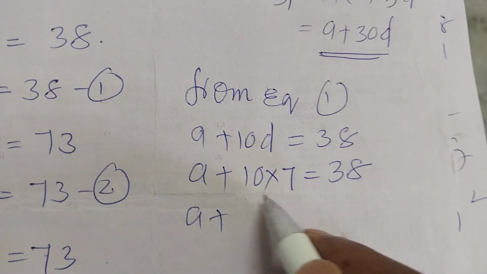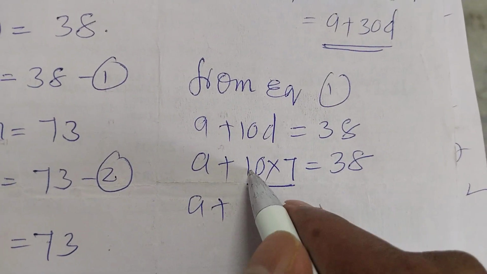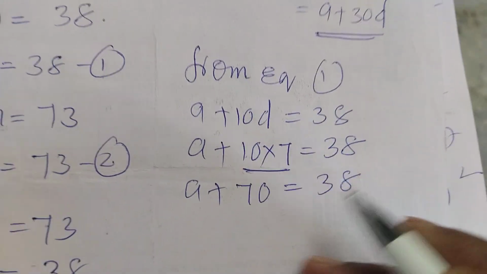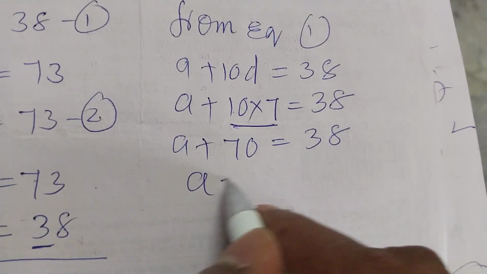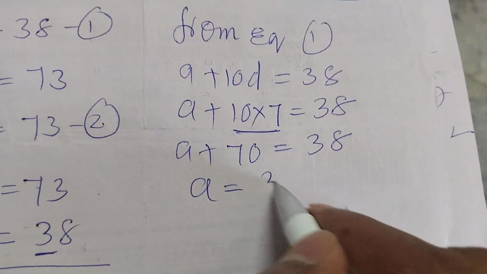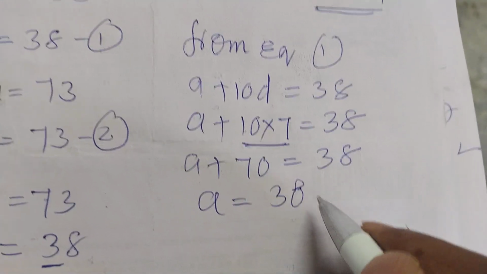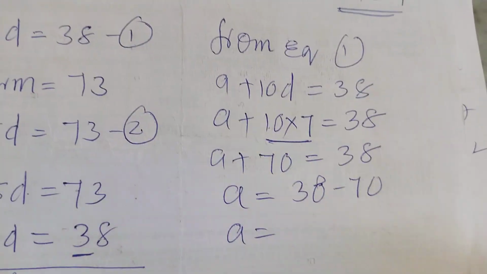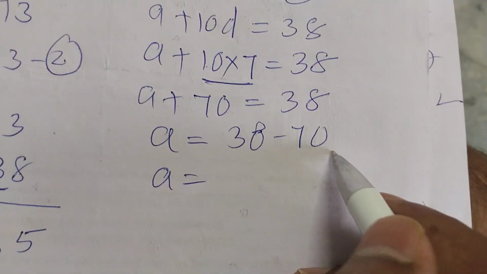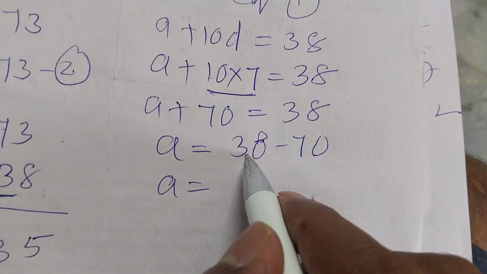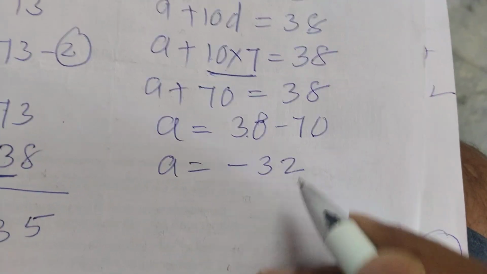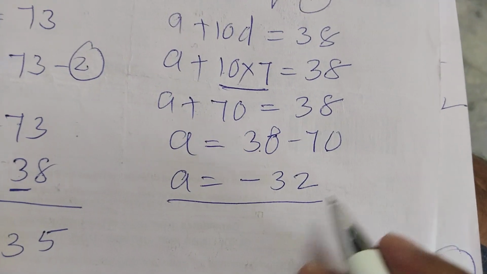A plus, now multiply 10 into 7, 70, is equal to 38. I want the A value only. A is equal to, transposing to the right side, 38 minus 70. If we subtract these two, 70 minus 38, that means minus 32. A value equals minus 32.